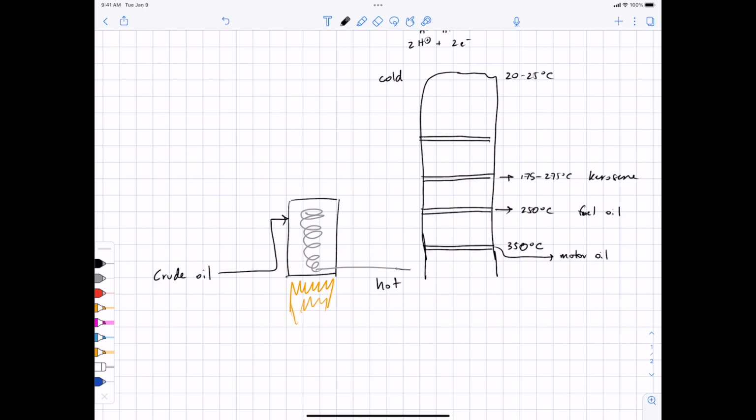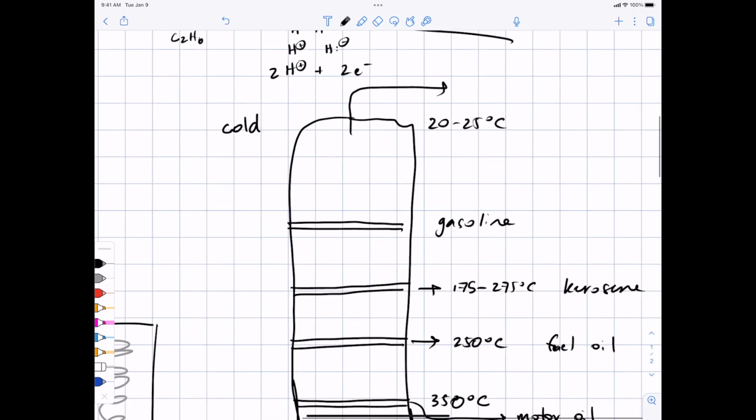Gasoline is at a little bit higher temperature. Again, gasoline's a mixture of hydrocarbons, mostly octane and isomers of octane. By the time you get to room temperature, what's left is stuff that is a gas at room temperature. We're thinking of the small alkane gases like methane, ethane, propane, and butane.